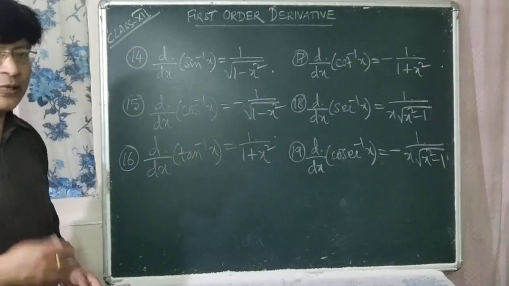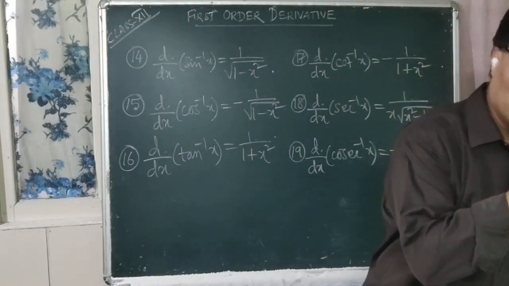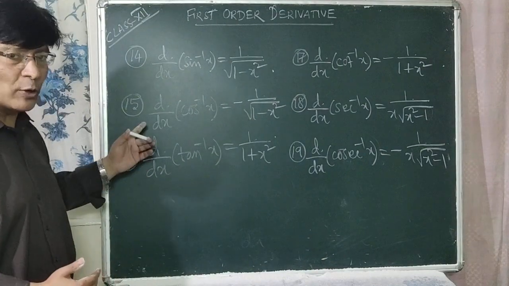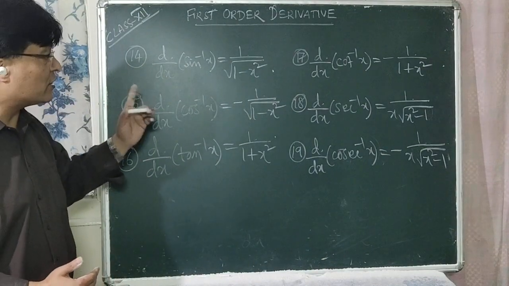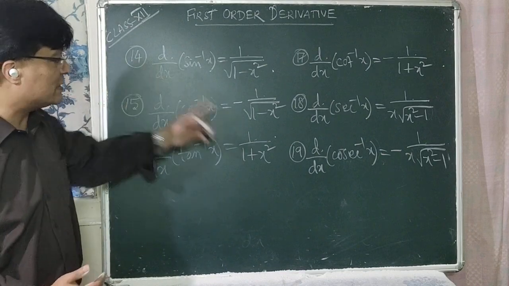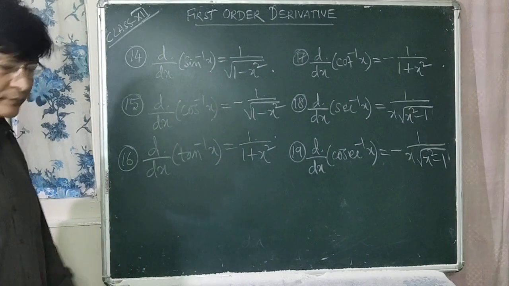Okay. So in class 11, we proved all those formulae from number 1 till 13. Now in this case, we will prove this differentiation of inverse circular function, that is from formula number 14 till formula number 19. Now let us prove it here. Okay.